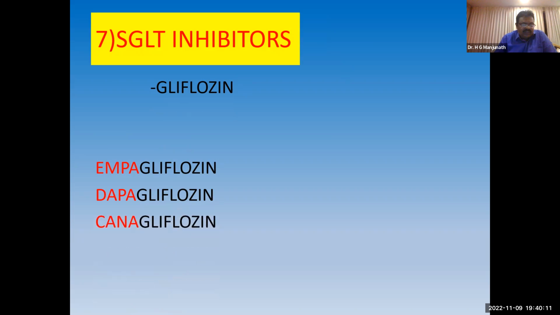The glucose as well as the sodium is normally reabsorbed into the systemic circulation from the apical membrane of the proximal convoluted tubules. These SGLT transporters are inhibited by these drugs. Because of this inhibition, the sodium and glucose are not absorbed, so they are excreted in the urine. In this way, SGLT inhibitors reduce the blood glucose level by inhibiting glucose absorption.